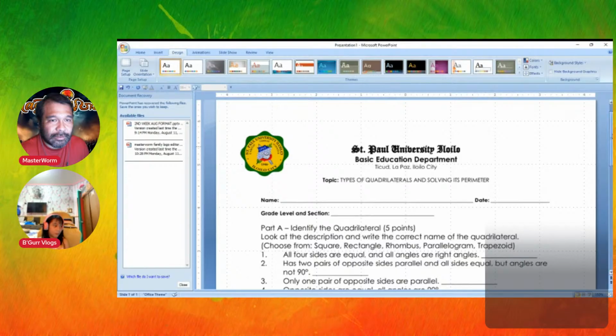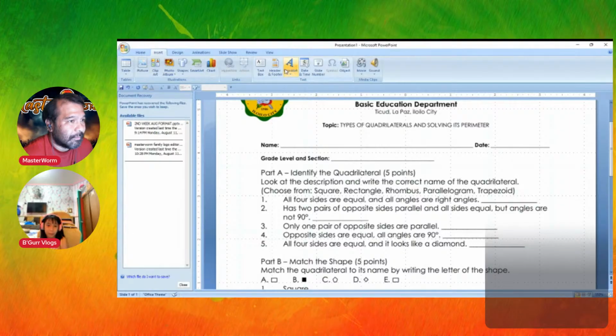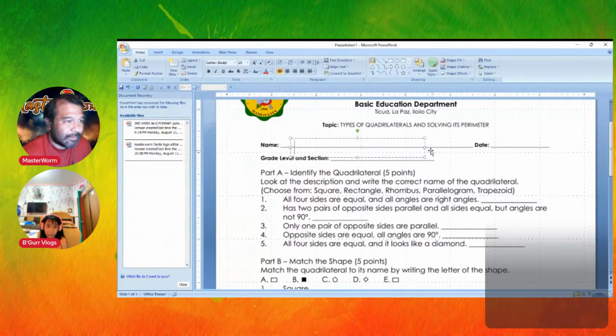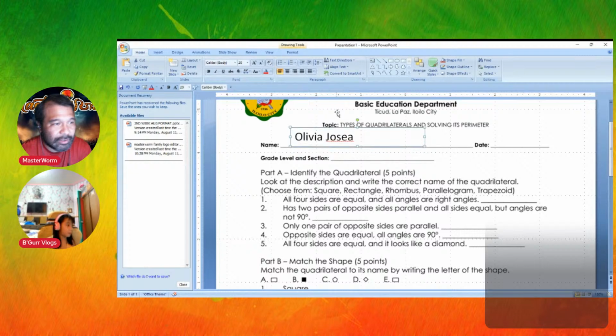Okay, so of course we're going to write your name here. Is this allowed? Is it allowed to do this? I don't know. Can you use a computer when you answer, or do you have to use handwriting?